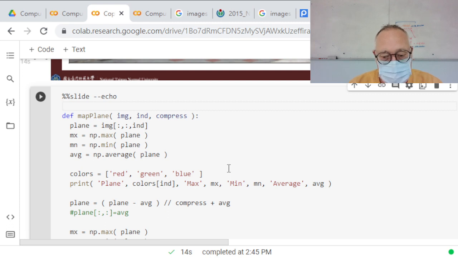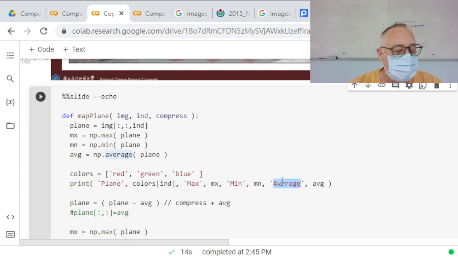And let's say I calculate some statistics for each plane. So in this case, I take the red, the green, and the blue plane, and I calculate the maximum value, the minimum value, and the average value for all the pixels in that particular plane.